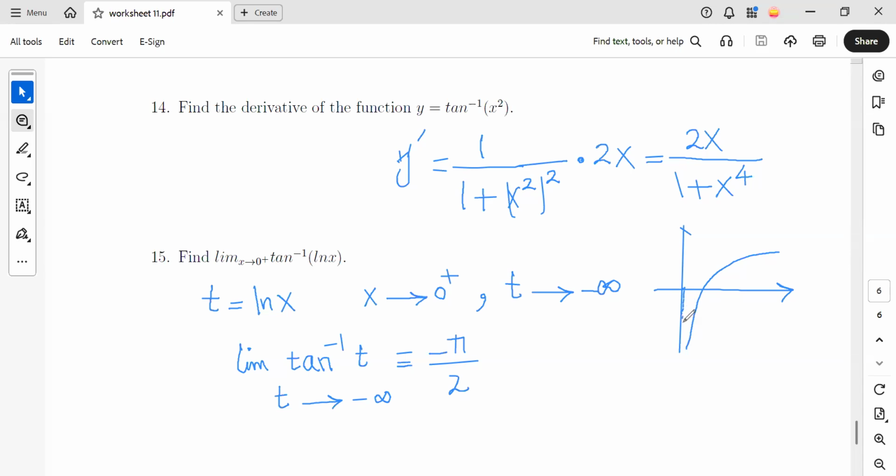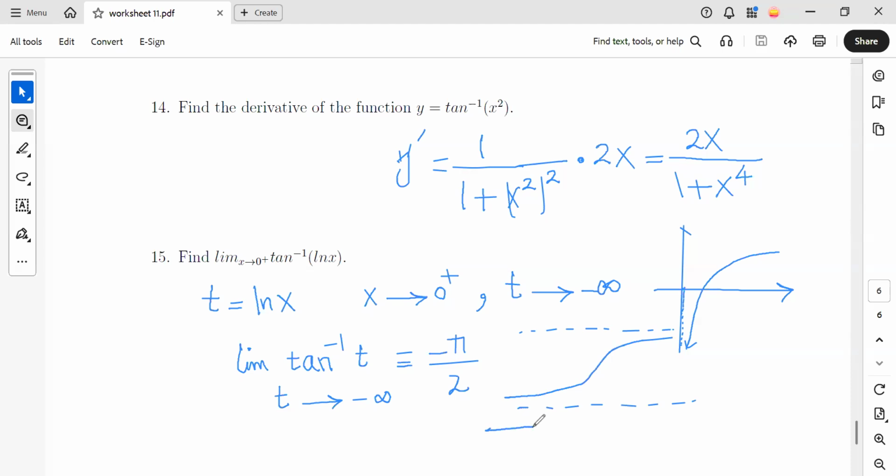And then for the limit, we're going to use the graph of tan inverse of t, which was between two lines, negative pi over 2 and pi over 2, and the graph was something like this.